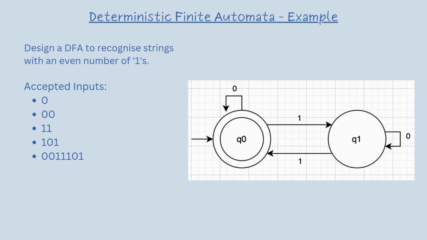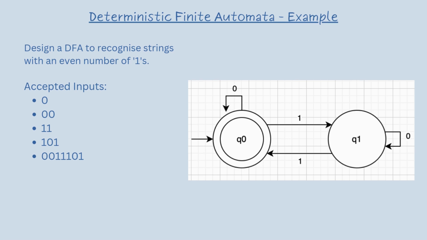Then we should start looking at, okay, when is it that our machine should reject a string? Well, if the condition for it to accept a string is that the string has an even number of ones, then it should reject a string that has an odd number of ones. Therefore, if you're in the initial state, which also happens to be our accept state, and you get 1 as an input, you should go to another state that's temporarily rejecting your string.